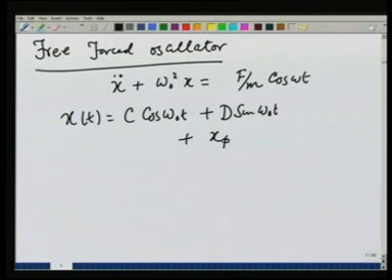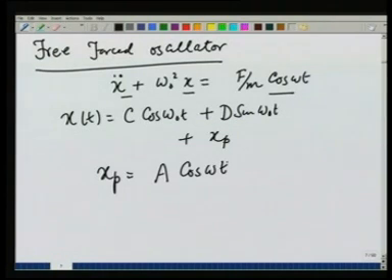Now, it is very easy to see from these equations that x particular is going to be of the form some constant A cosine of omega t, because x substituted here gives me cosine omega t, and the second derivative with respect to time is also cosine omega t.